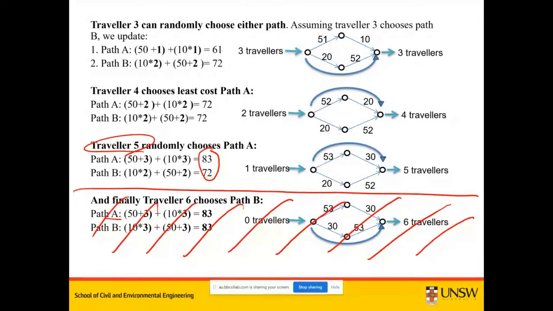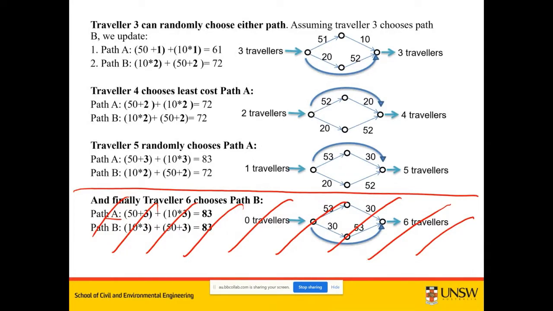Another argument is that you don't necessarily have to go with integer values of travelers. You can actually assign half a traveler instead of one traveler as an integer number. So what you can do is say my increment is not one traveler by one traveler. Instead, I have half a traveler by half a traveler.